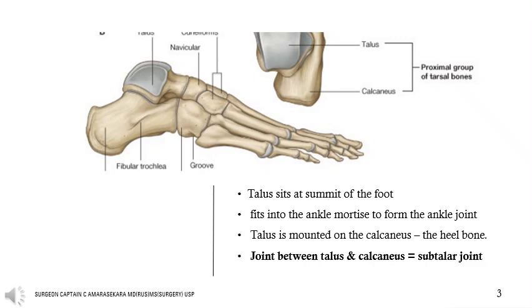In CT and MRI, it's a key site for evaluating hind foot injuries, arthritis, and post-surgical changes. The other bone you can see here is the calcaneal bone. We call it the heel bone. The calcaneus is the largest tarsal bone and serves as the primary weight-bearing structure of the heel.